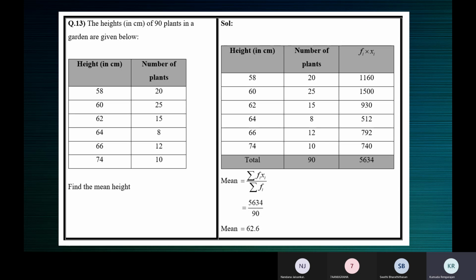Please check your answer. Yes, ma'am, visible. Find the total. 5,634 divided by 90. Height in centimeter is the XI column. Number of plants, FI column.